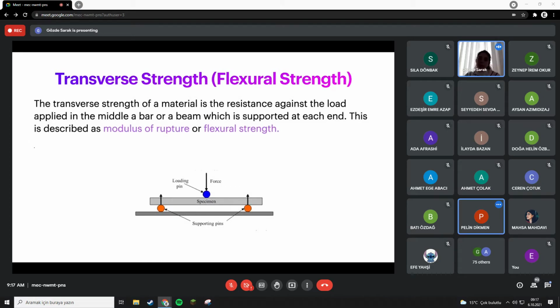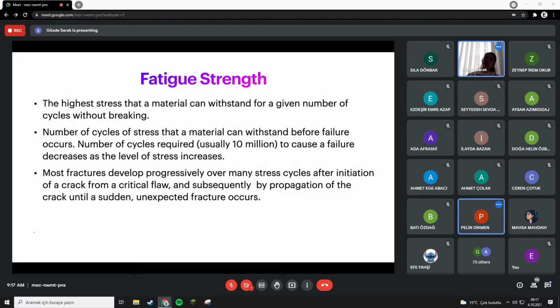The resistance of a material to a force applied in the middle of a bar or beam that's supported at both ends is known as transverse strength, and the maximum stress that a material can endure without breaking for a certain number of cycles is fatigue strength.